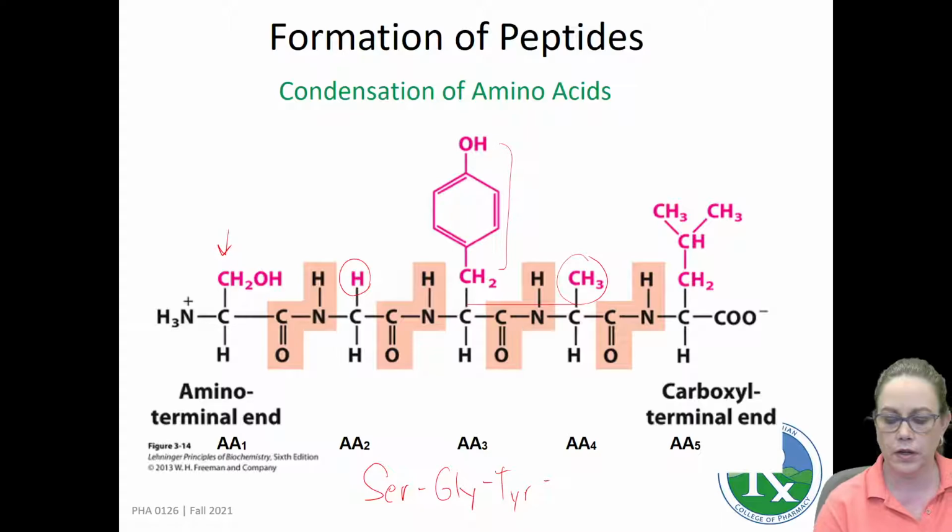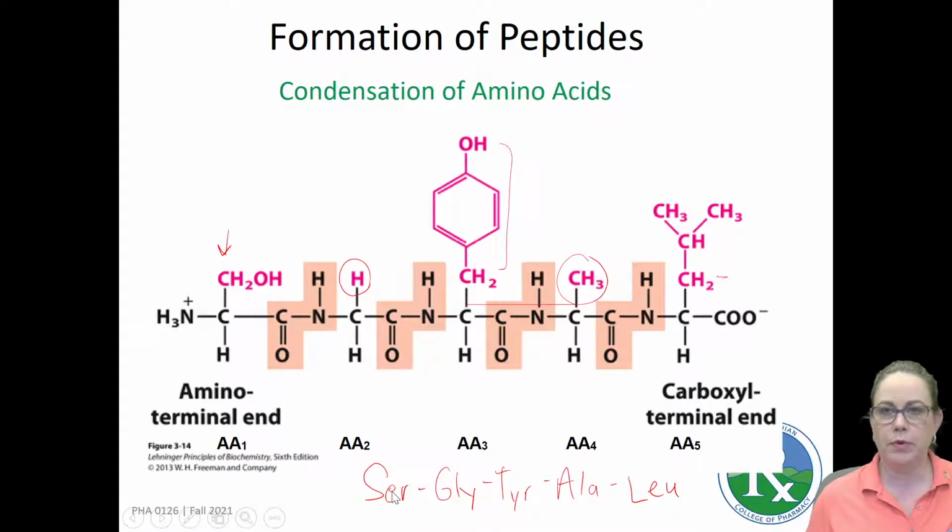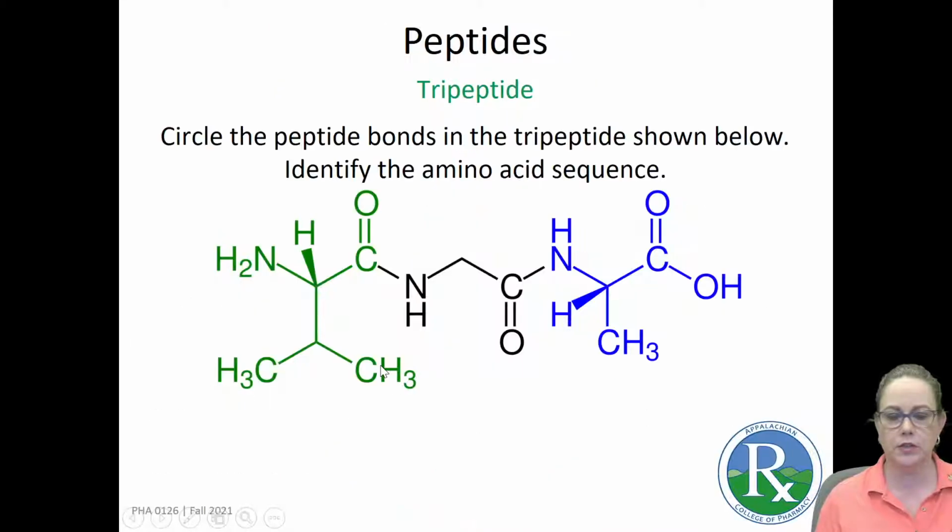Methyl is the alanine. And then this V with an extra CH2 is leucine. So you should be able to provide the sequence of that peptide as well. Normally with a sequence, I have you provide the 3-letter abbreviation. Once you get to really large peptides or proteins, it's more common to see the 1-letter abbreviations used. So we'll work through a few more examples.